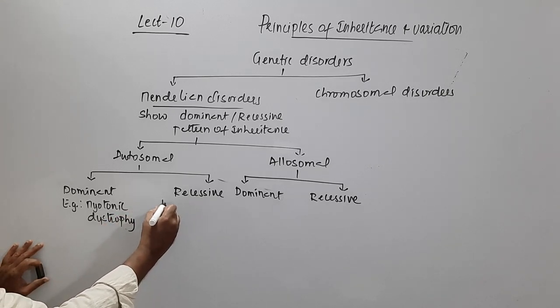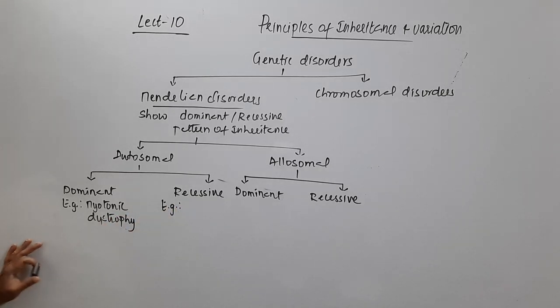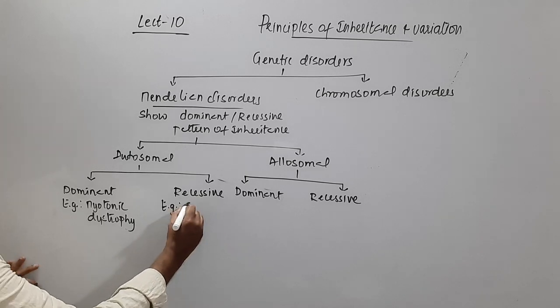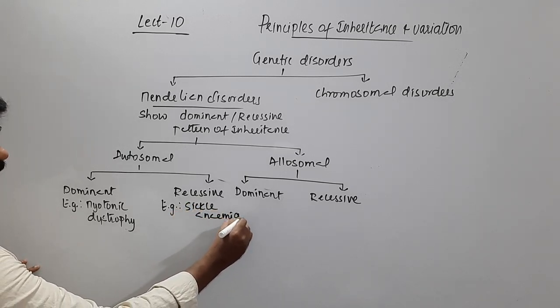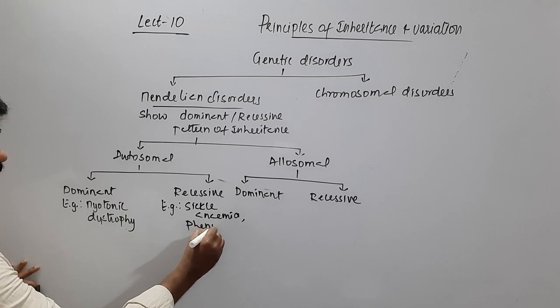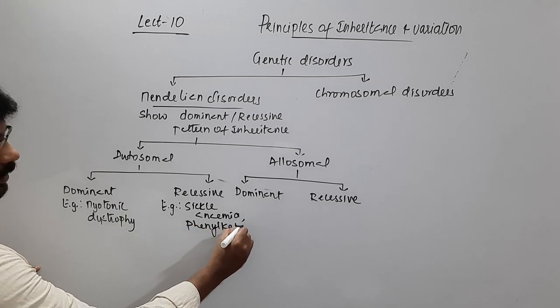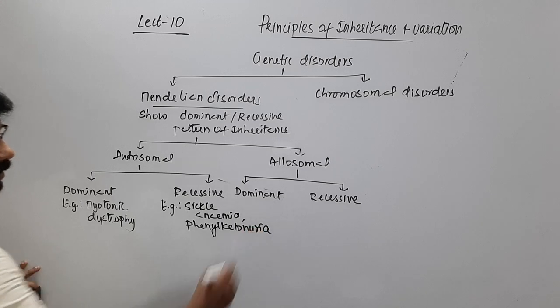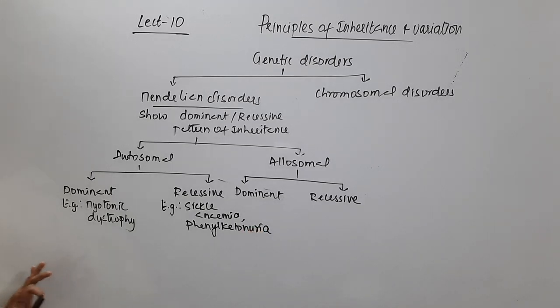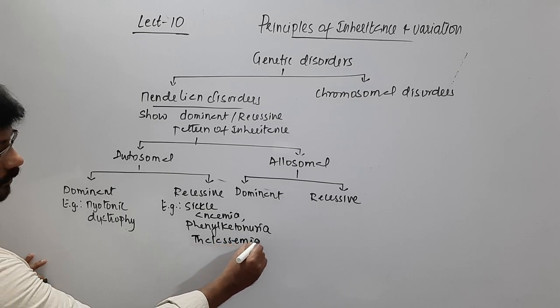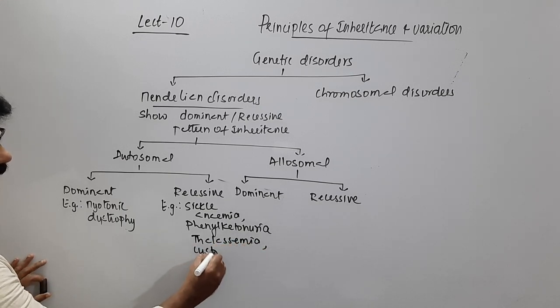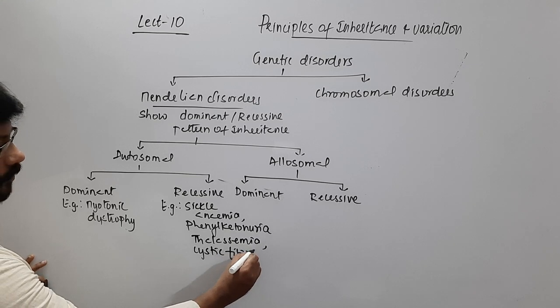Then in case of recessive traits, I'm going to discuss especially sickle cell anemia, then phenylketonuria, then thalassemia and cystic fibrosis.